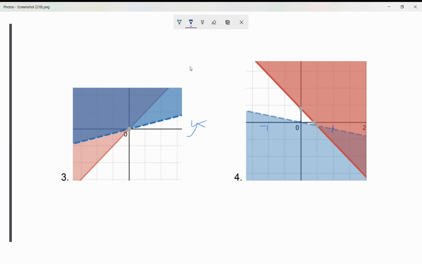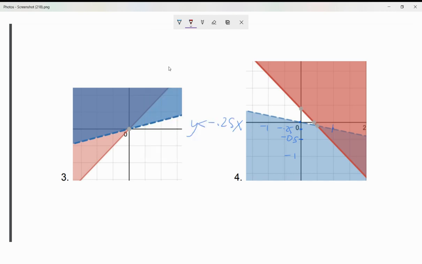It goes down, so that's negative 0.5, and this would be negative 0.25. So it's negative 0.25 over 1, basically. So it's negative 0.25x.